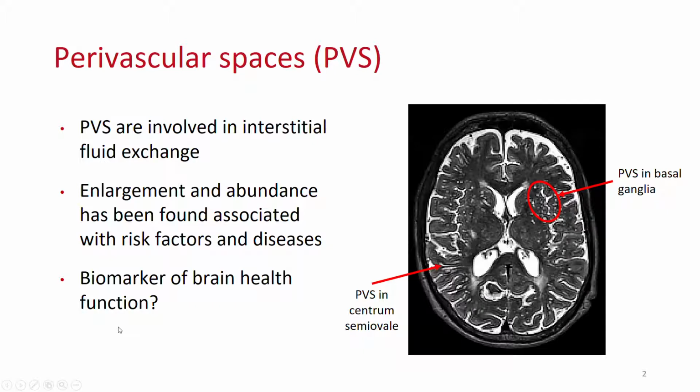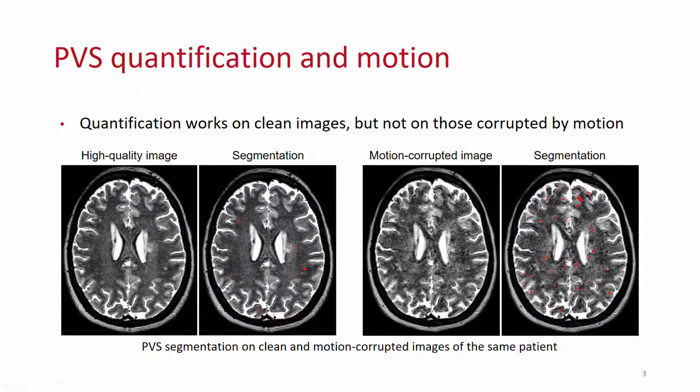However, in order to assess whether this is the case or not, we need to quantify them accurately. We've seen throughout the years that if we have a high quality scan, we can carry out segmentation quite nicely. But if the image has been corrupted by, let's say, motion, then segmentation results are suboptimal.